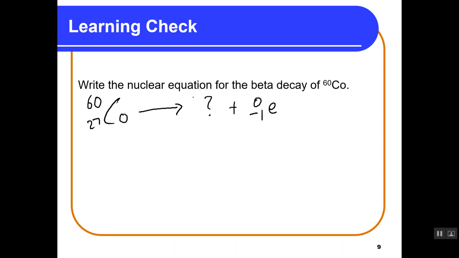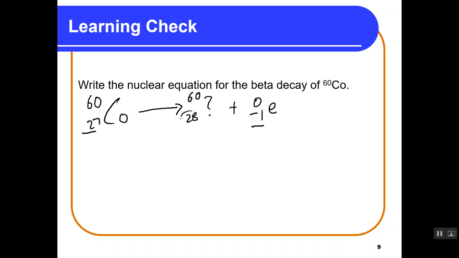So the question is, what is the nucleus that is formed along with the beta particle? As I said before in the previous example, the mass number will not change when a beta particle is lost, so I'm just going to put 60 here. But as far as the atomic number is concerned, this is 27, this is -1 on this side, which means that the atomic number for the unknown nucleus must be 28, because 28 minus 1 gives you 27.